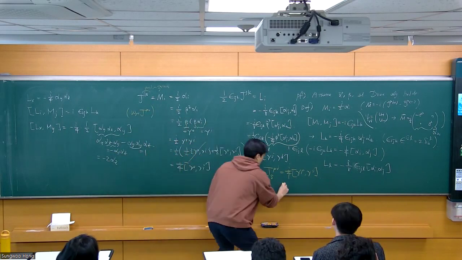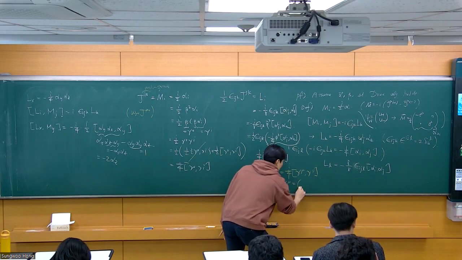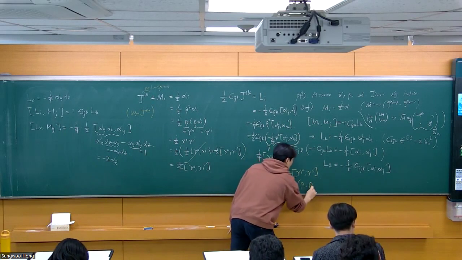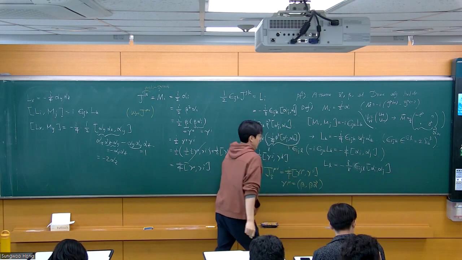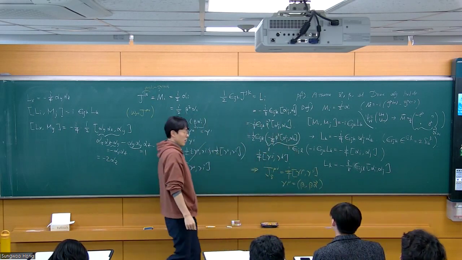So where gamma mu was beta, and gamma I was the gamma vector.